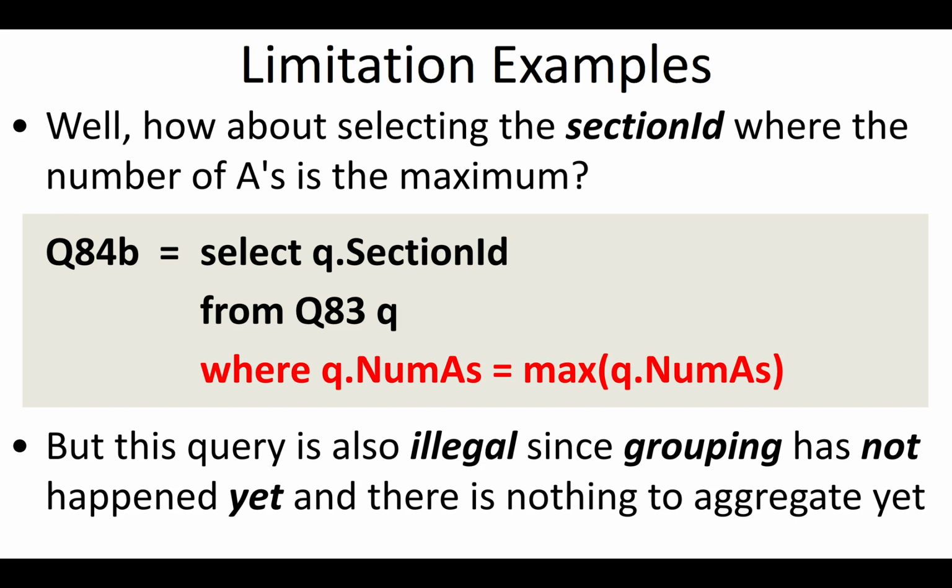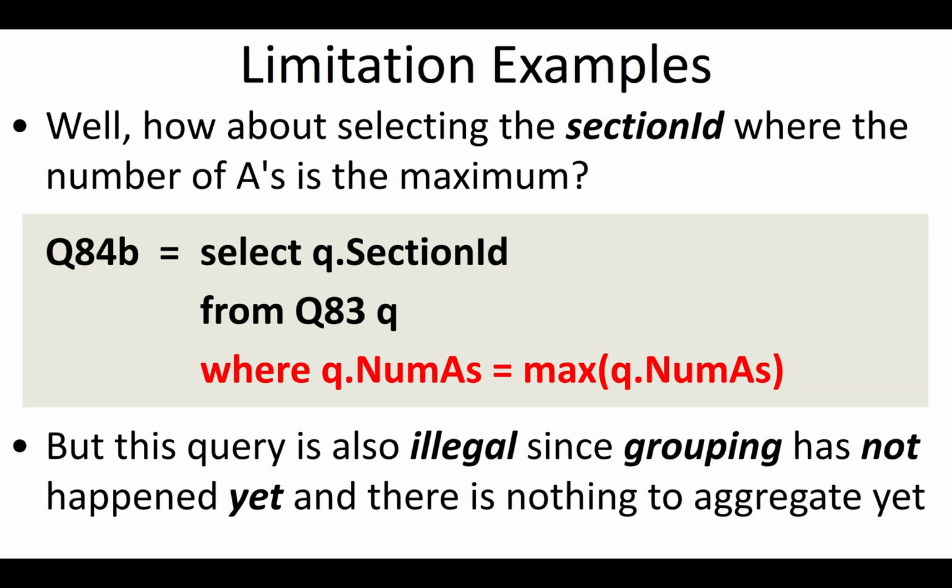Or I would have wanted to do something like this. Give me the section ID where the maximum number of A's is equal to the number of A's. Again, I can't do this because the where clause executes first and then the group. So I haven't done the aggregate yet because I haven't identified the records that I need to aggregate. Make sense? So the groups don't exist yet, so I cannot aggregate yet.